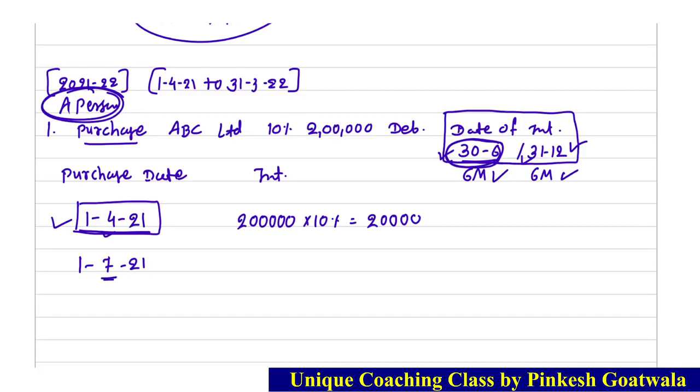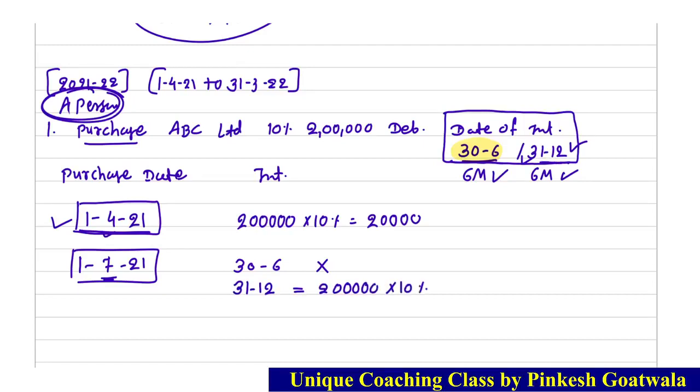So he hasn't the debenture on 30 June and will not get any interest on this date. But on 31st December, yes, he has the debenture, since no sale information is given. So he will get interest on this date. How much interest? 2 lakh, 10%.